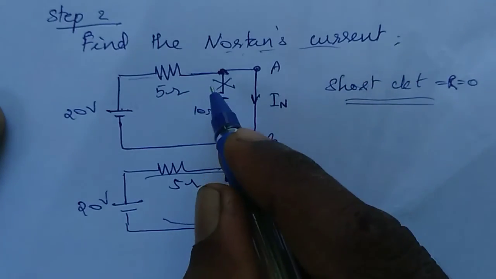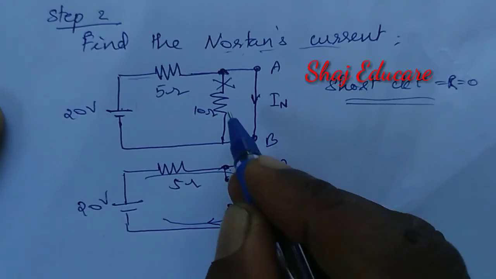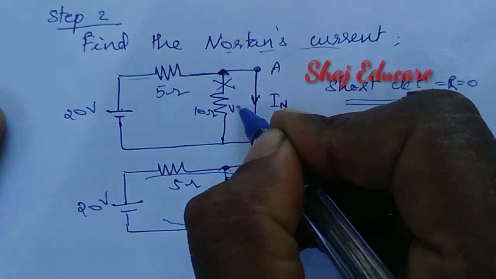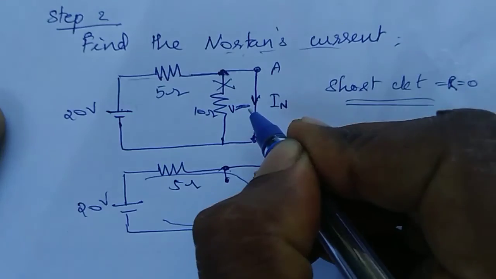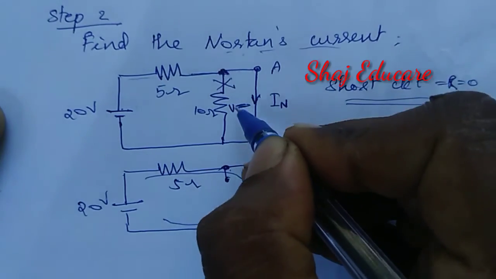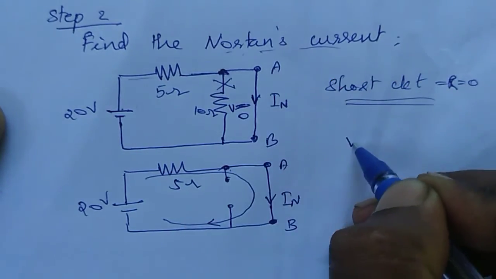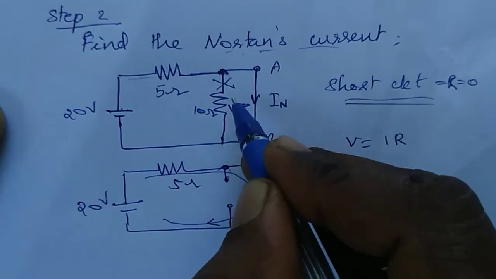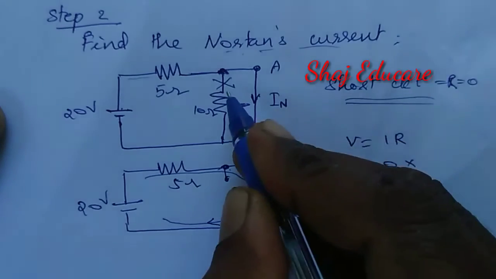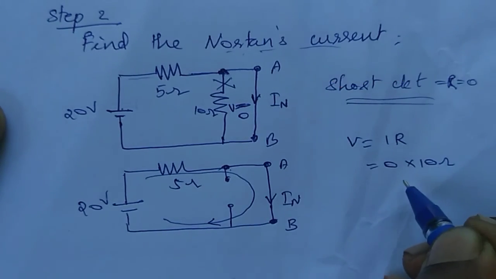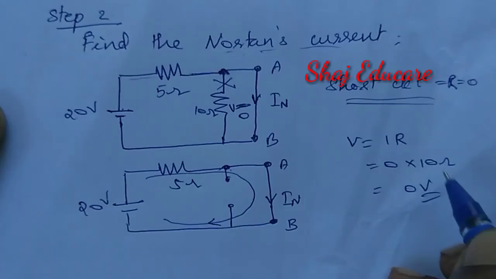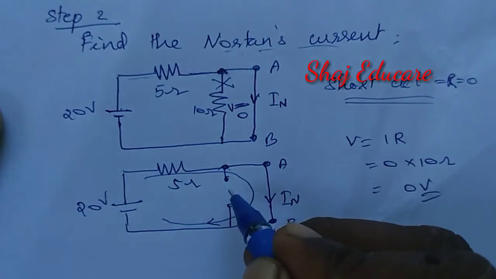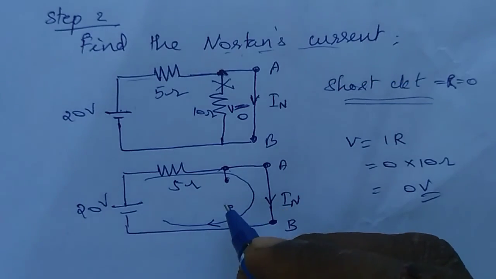Means the 10 ohm resistance in this circuit is meaningless. There will not be any voltage drop here. Why? Here V is equal to the potential difference, which is I into R. What about the current flowing through this path? That is 0, into the resistance of 10 ohm, and 0 into 10 gives 0 volt. Means the drop is equal to 0 volt, as there is no current flowing through it.